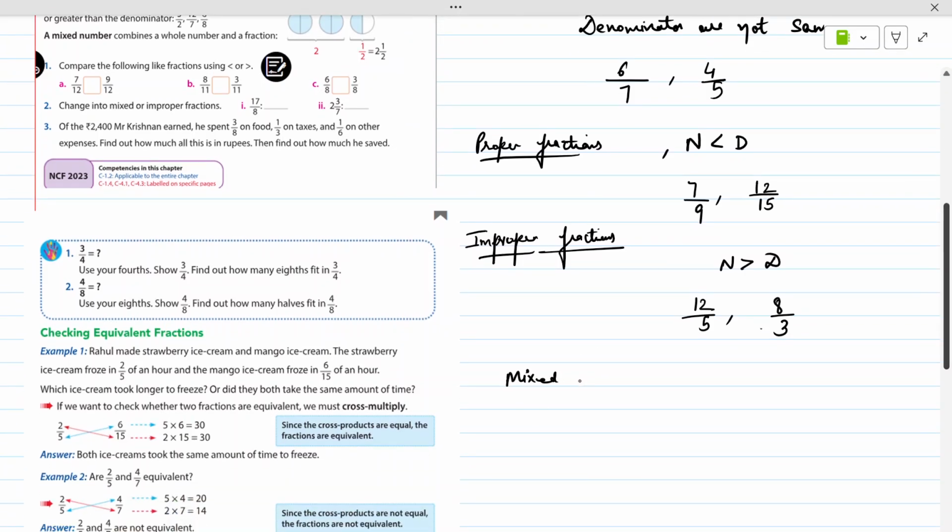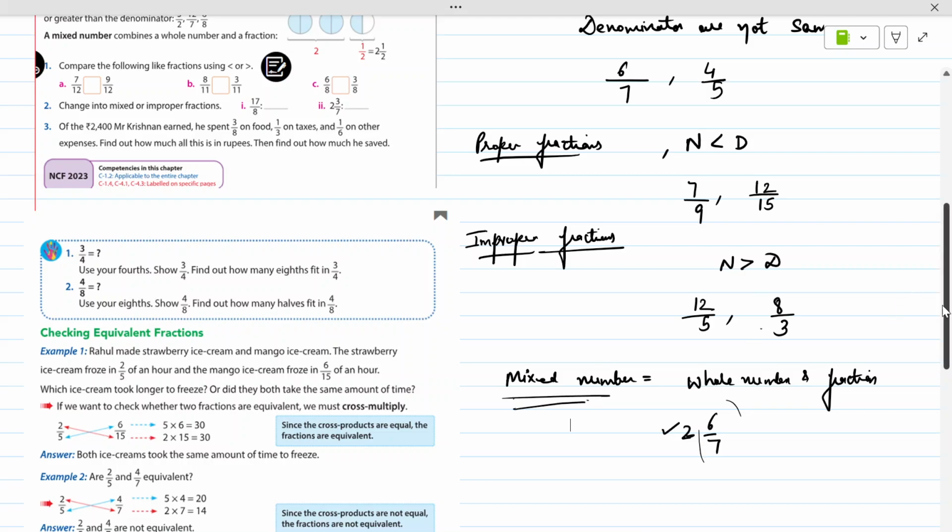A mixed number has two parts: a whole number and a fraction. For example, 2 and 6 by 7. This is a mixed number where 2 is the whole number and 6 by 7 is the fraction. These are called mixed numbers.